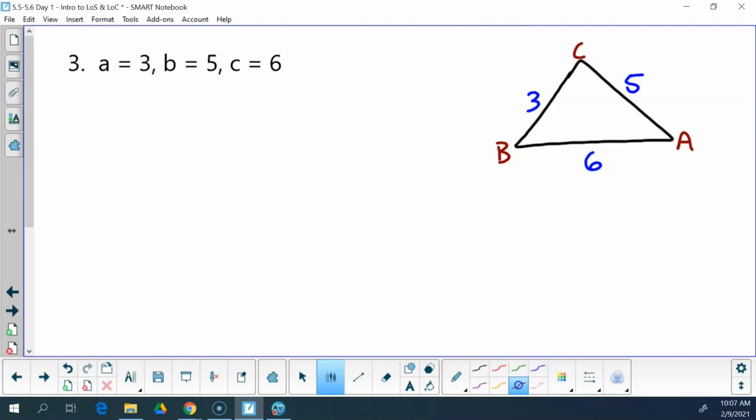You don't got a lot of support from your classmates. Anybody have a different guess? C? Okay, why do you think A and why do you think C? Because it goes across the biggest, the longest side. Okay, what are you thinking, A?